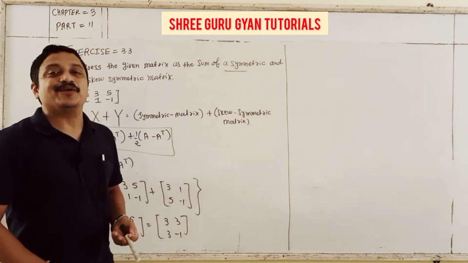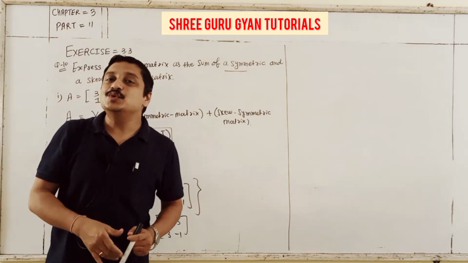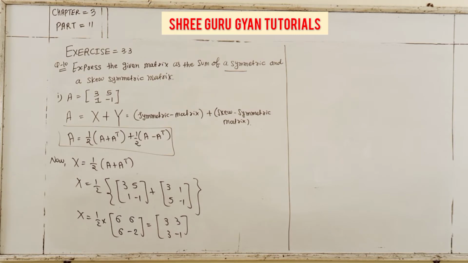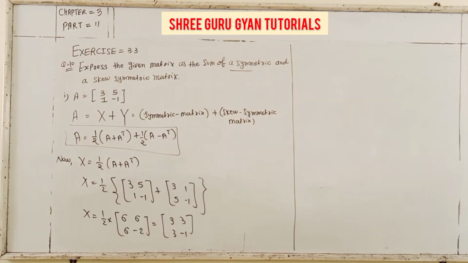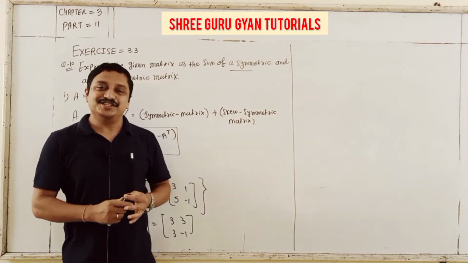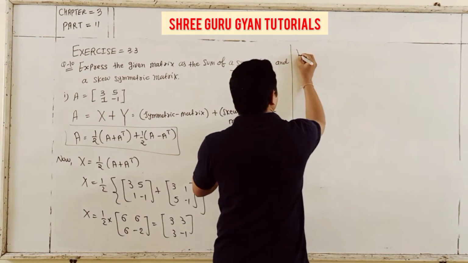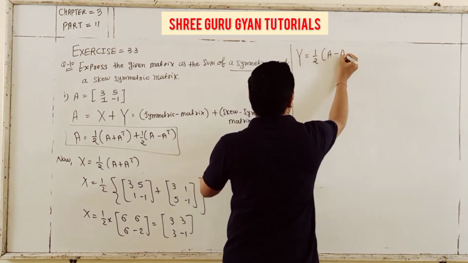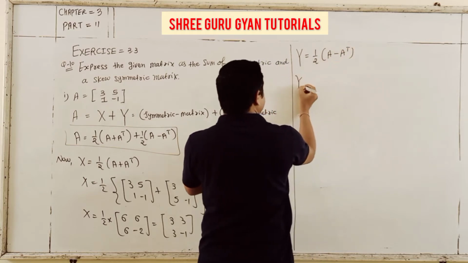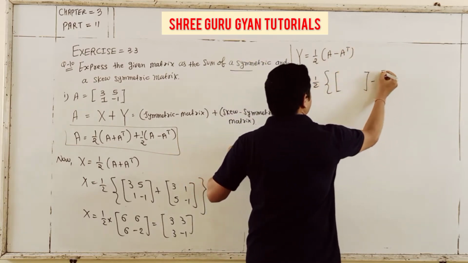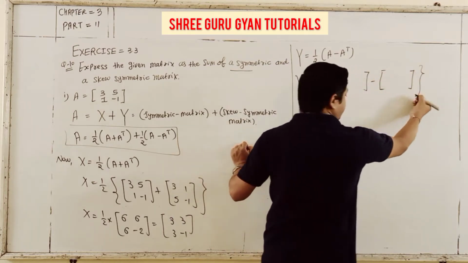Now after that I go to the second part, the skew symmetric matrix. Now students, continuing ahead, our second part Y, which is the skew symmetric part, is half of A minus A transpose. Here we apply matrix A and its transpose.